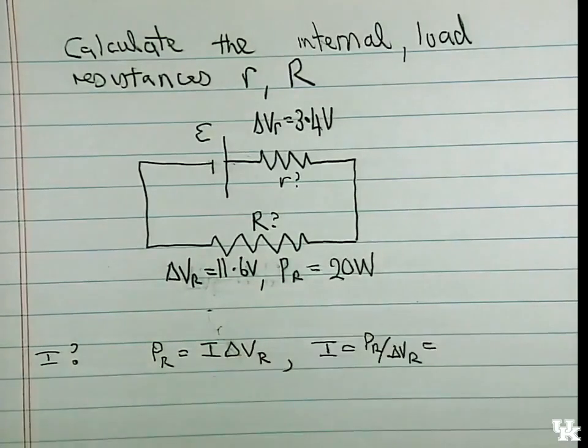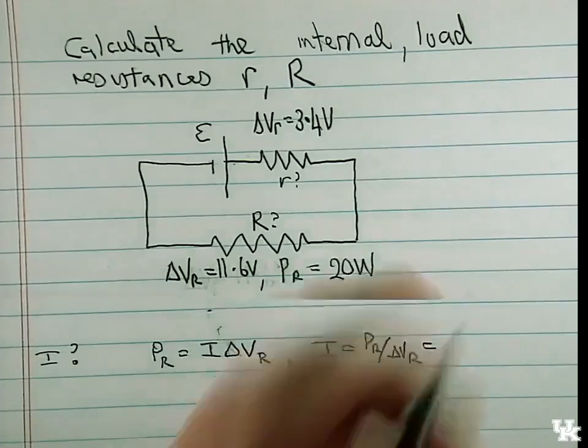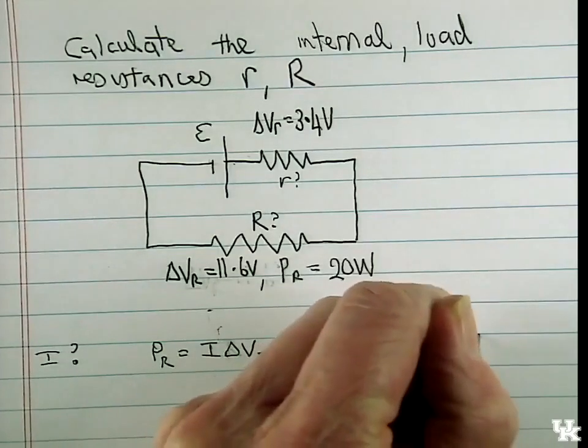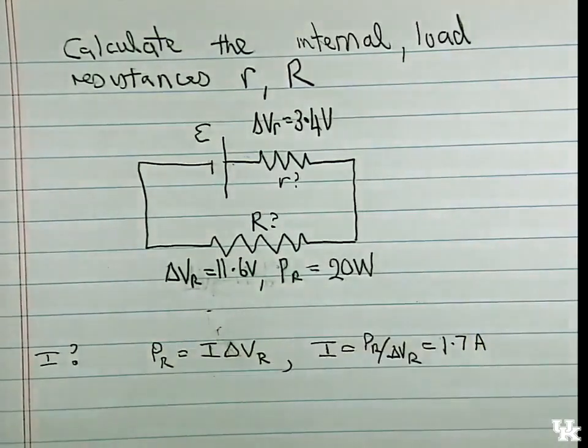I know those two numbers, right? The power is 20 watts. The voltage is 11.6 volts, and so if I divide one by the other, I got 1.72 amps. And so that's the current.